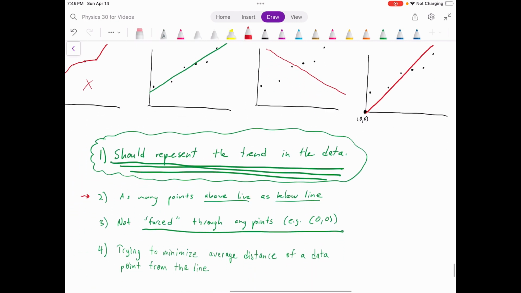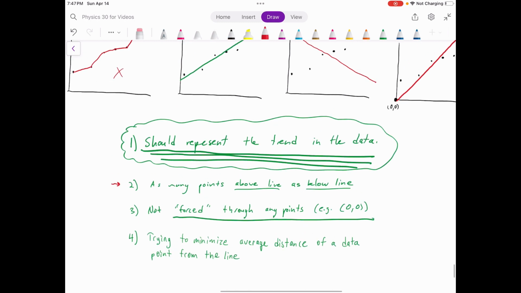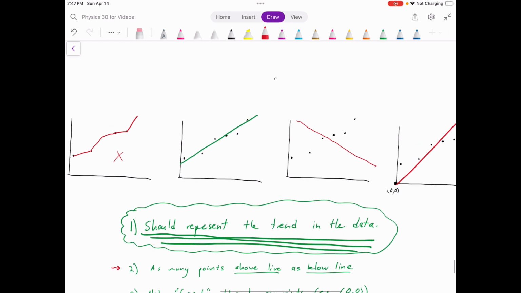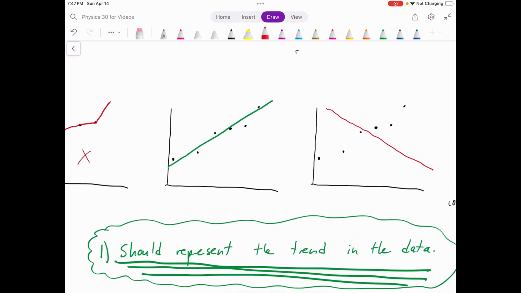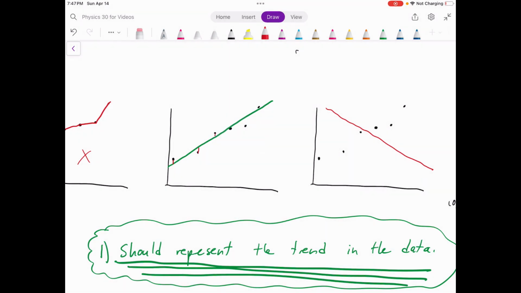Okay, one kind of way we can think about it, I like this as a way to basically check your work, right? Have you minimized the average distance of a data point from the line? Meaning like overall, have you made it so that the points are as overall on average as close to the line as they could be, right? One way to think about it is that if you were to take a red pen and you were just to connect every point to your line, have you kind of minimized the amount of ink you would have to use, right?